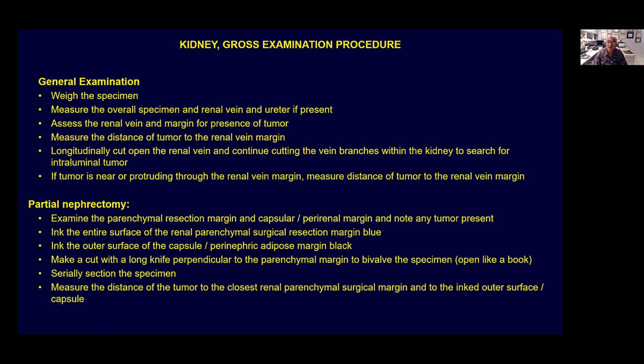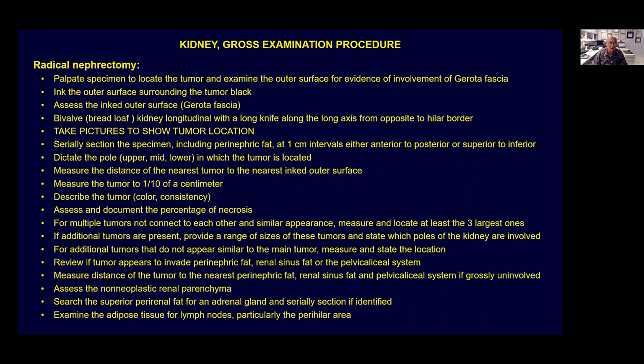We need to document more specifically and correlate whatever has been described by the person doing the grossing with the microscopic description. So that documentation is very important, and I'm always going to be very picky about that.